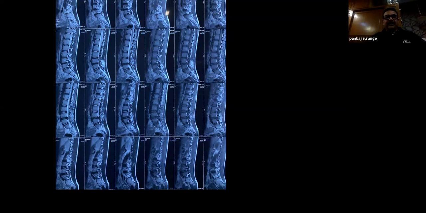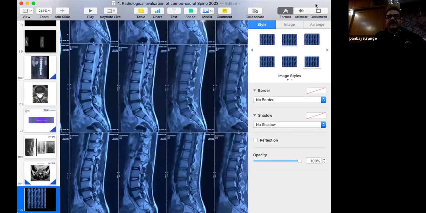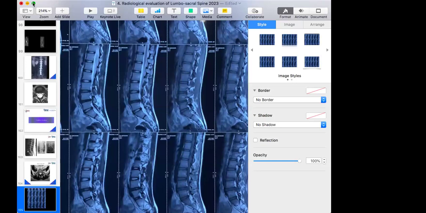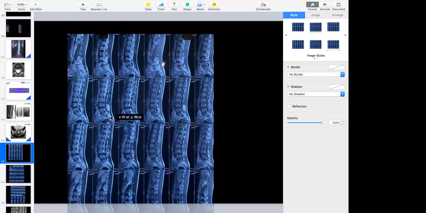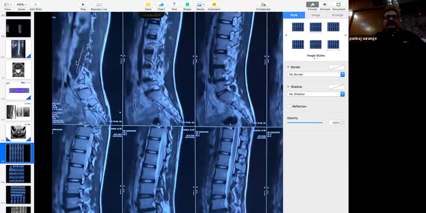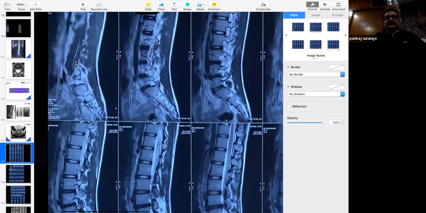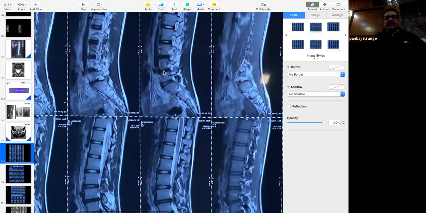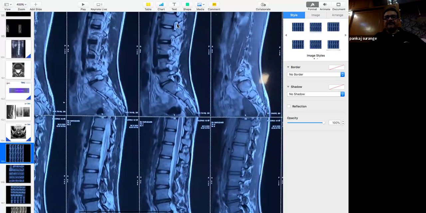Now I'll just make this bigger. So this is the right side. As we go towards the foramen, the foramina are clear.